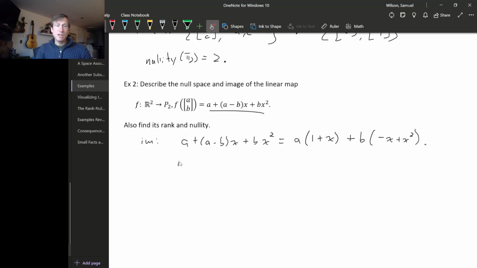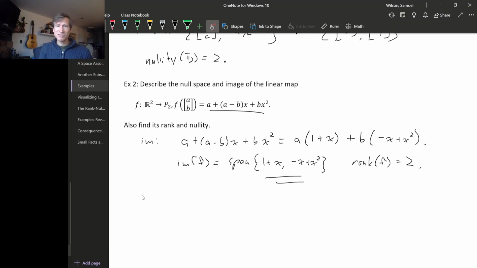So the image of this map is the span of these two polynomials, 1 plus x and minus x plus x squared. These two polynomials are obviously linearly independent, and so the rank of this linear map is 2, because the dimension of the image is 2.